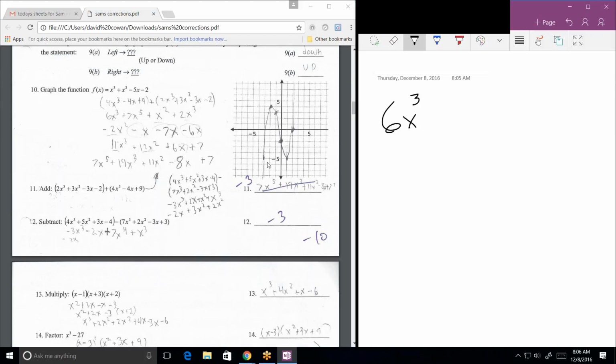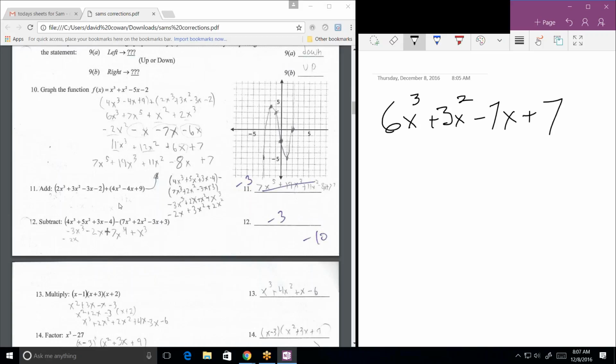How many x squareds do you have? 3. Okay, so we got plus 3x squared. How many x's do you have? -7. Good. And how many numbers do you have? 7. That's all you do.